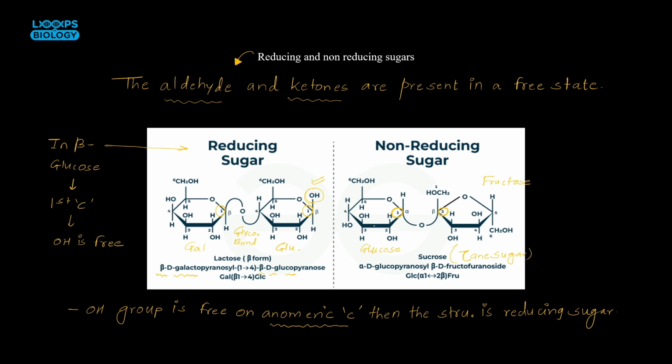During that, the second carbon acts as an anomeric carbon because it is first inside a cyclic structure. So in fructose, the second carbon acts as the first carbon of the cyclic structure, and that's why there is no anomeric carbon with a free hydroxyl group.